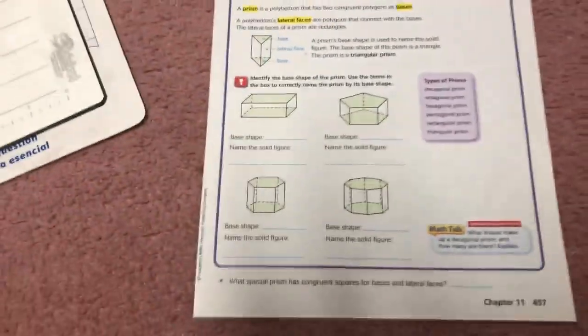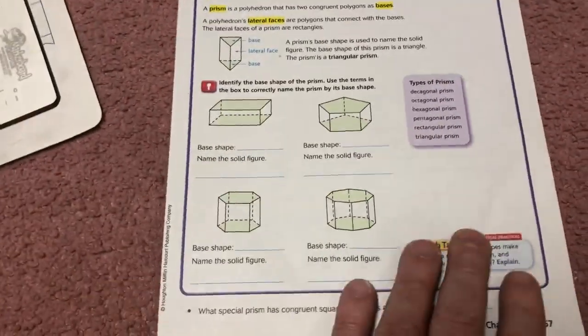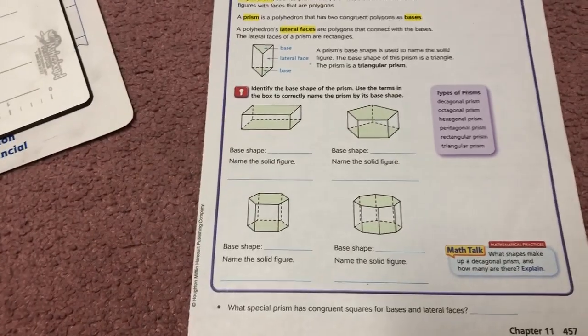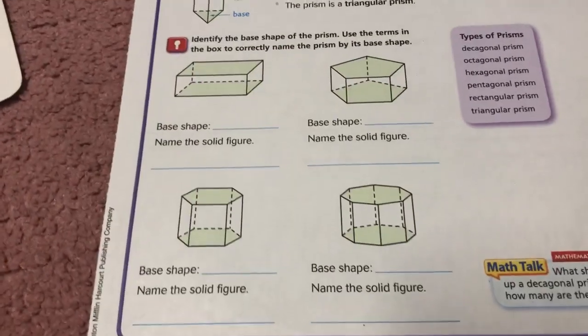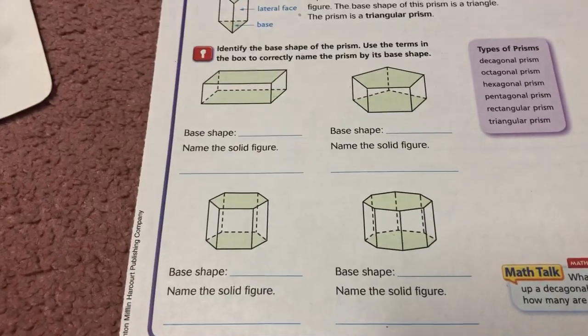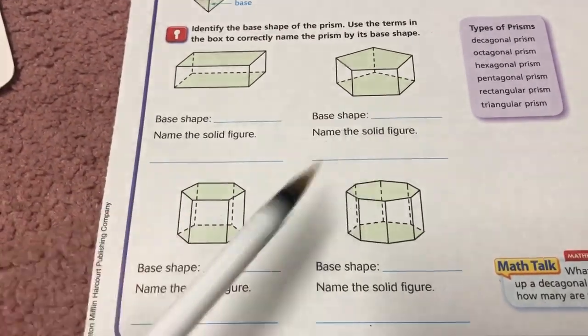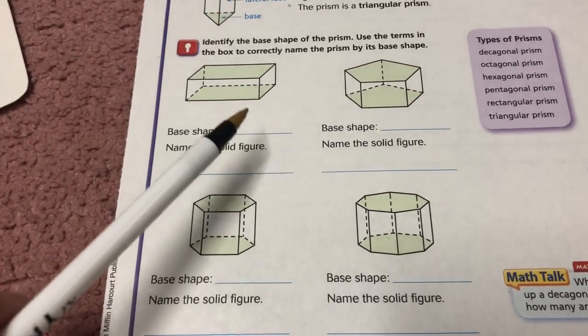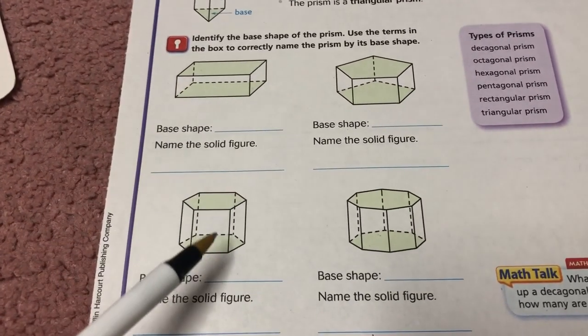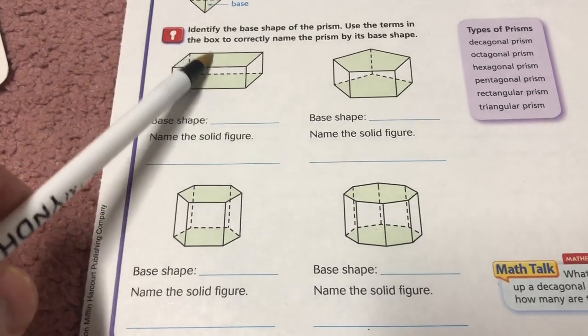Now, we're going to go a little beyond what the assignment is actually going to have you do because I think you're smart people and you can handle it. Here on your screen right now, all of these 4 figures are prisms. A prism has 2 shapes, 2 bases.